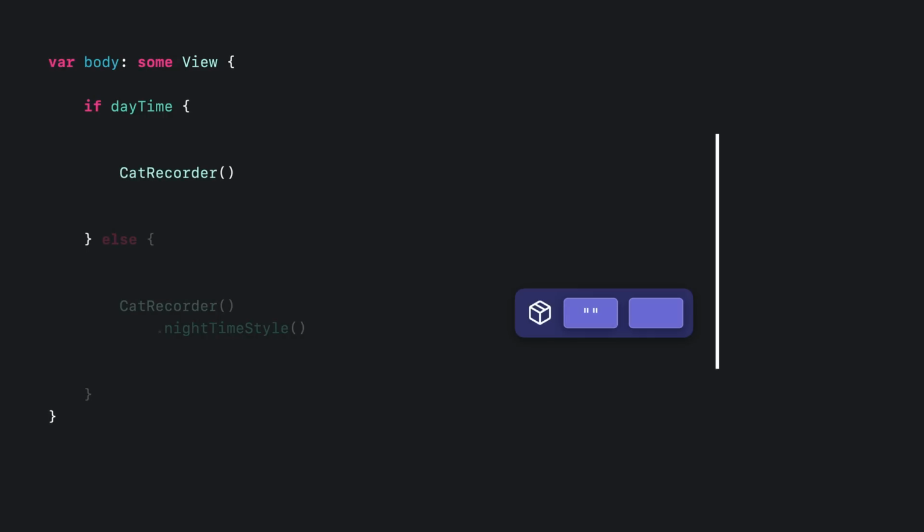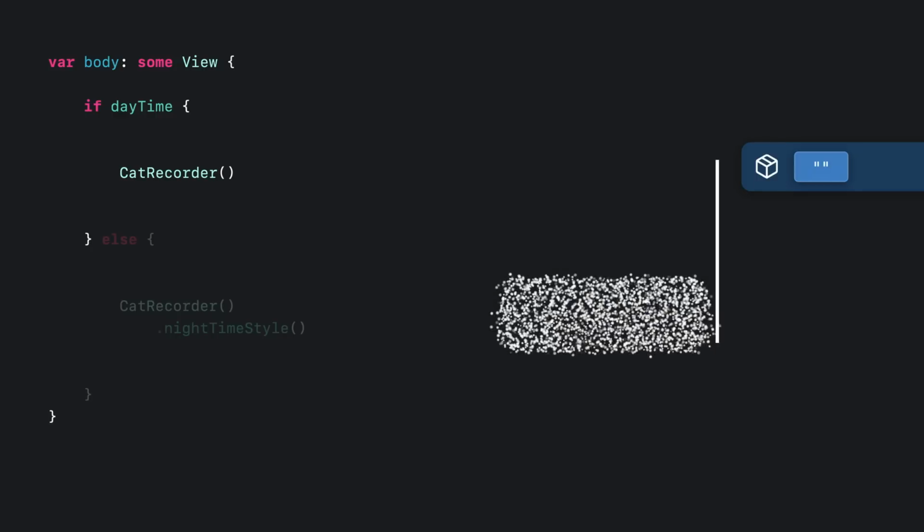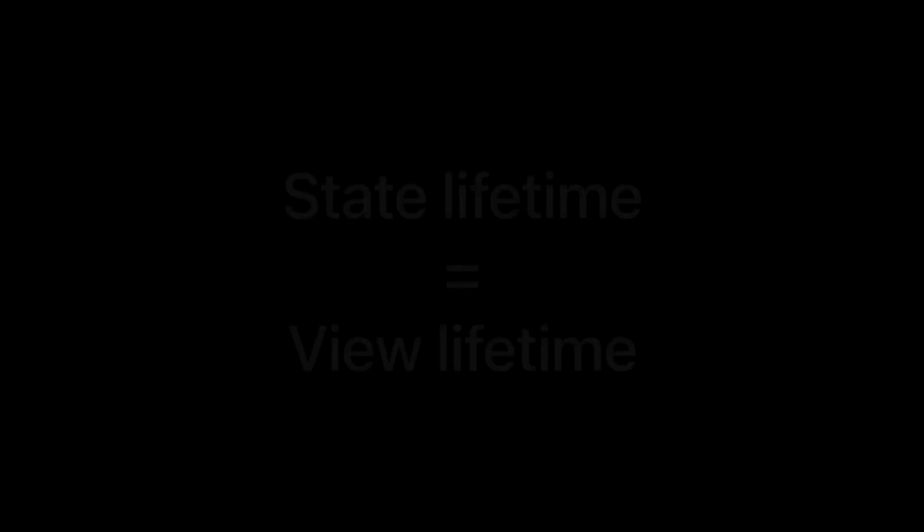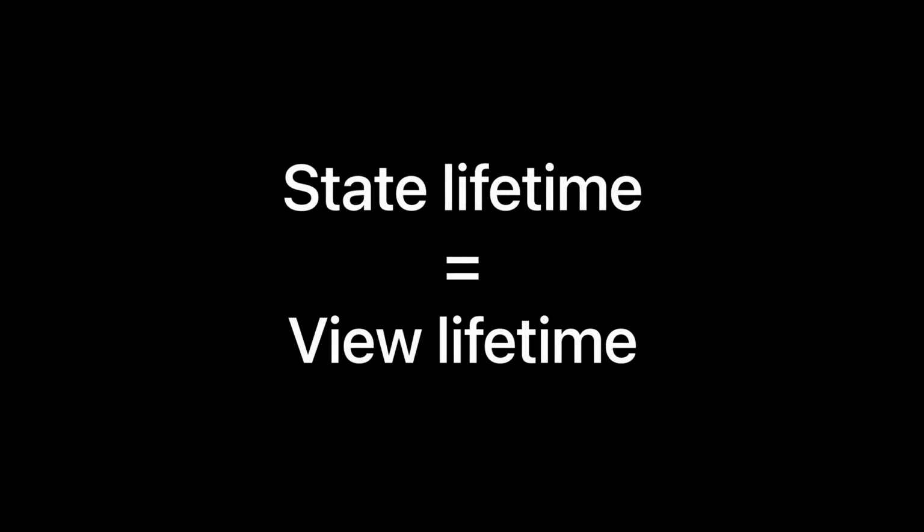Well, that's a new view again. So SwiftUI creates new storage, starting again from the state's initial value. The takeaway here is that whenever the identity changes, the state is replaced. Let me pause here for a moment and make sure that you understand this important point. The persistence of your state is tied to the lifetime of your views.